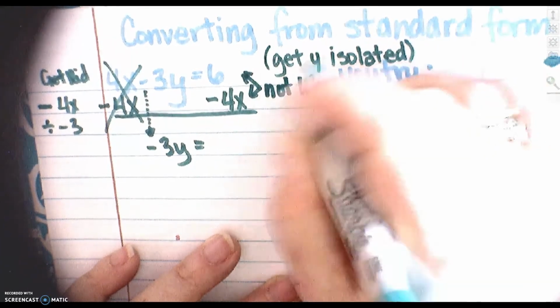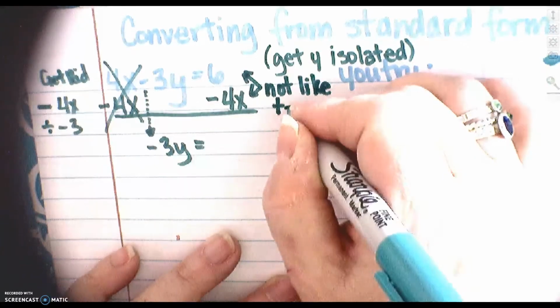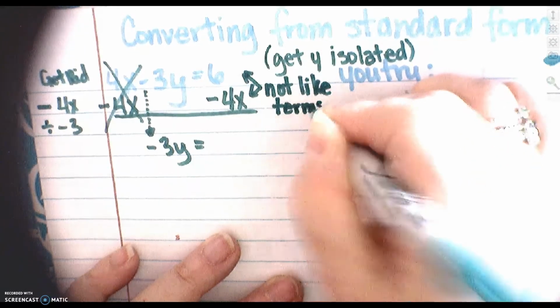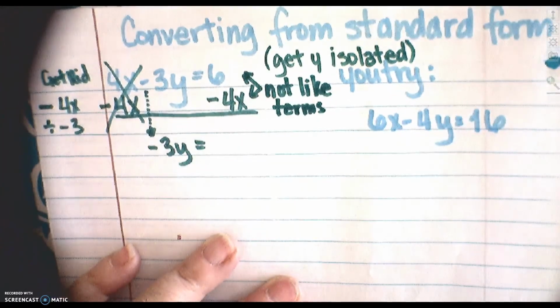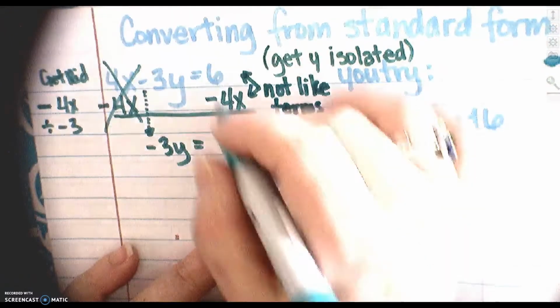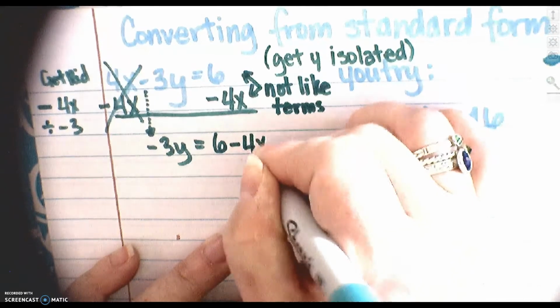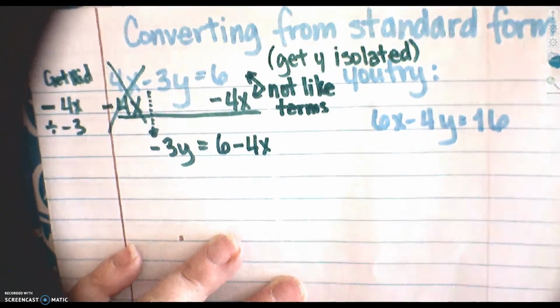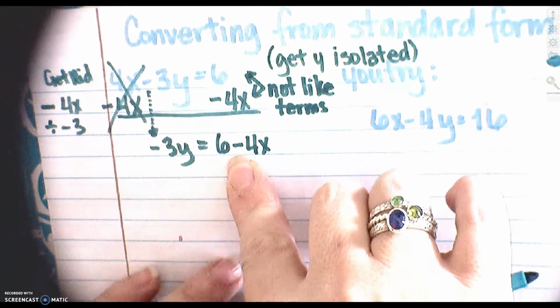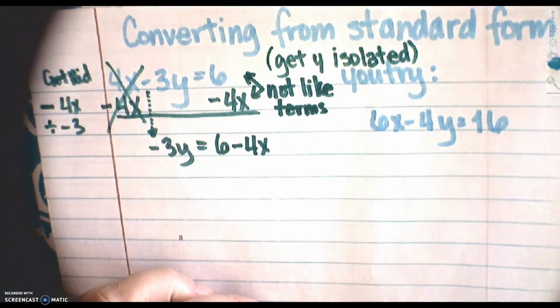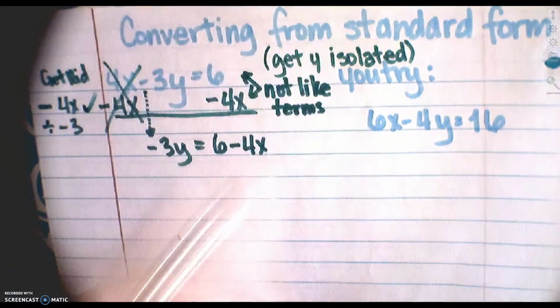So we cannot actually subtract the 4x from the 6 because they're not like terms. So we're just going to bring everything down exactly as it is to show the subtraction. We're going to show the subtraction without actually doing it. Okay, we got rid of our 4x. That's done. Check.